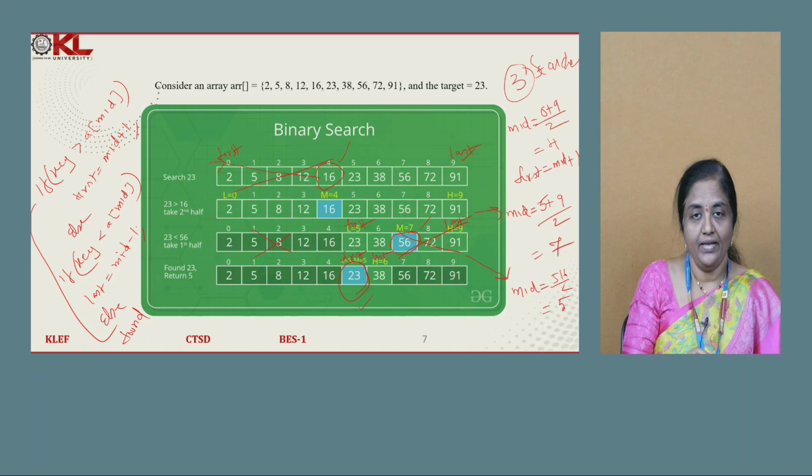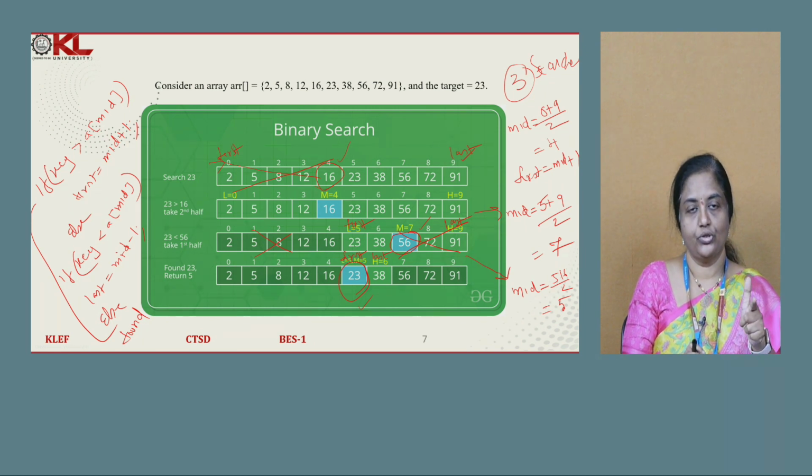But if you take linear search, how many searches would you have to perform? 2, 5, 8, 12, 16 and 23. 6 searches. The 6th is your hit search. That is how it reduces the time taken by your algorithm.